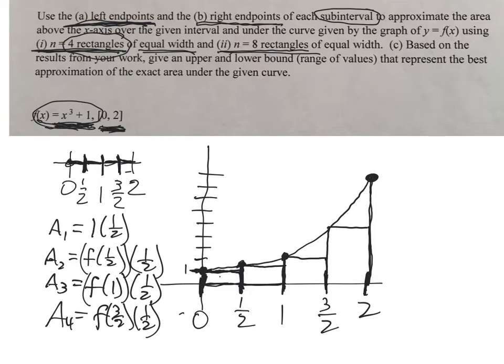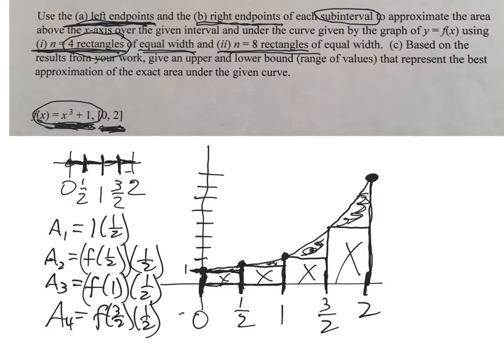Now, we're using these rectangles to do that, but you can identify a little bit easier, especially these last two rectangles. We're missing this amount of area. Okay. So our approximation is going to be okay, but we're not going to be real accurate because we're not counting this area in our approximation.